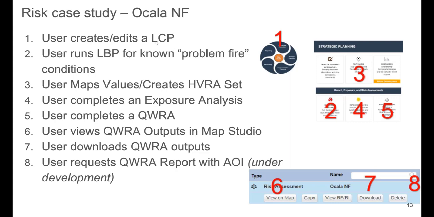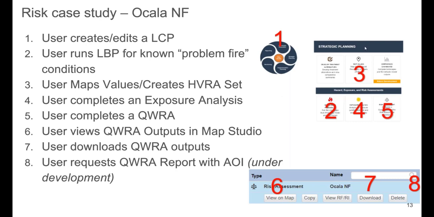First, create a landscape, and that includes editing it if editing is needed. Secondly, run landscape burn probability. With the model we're using, it'll be problem fire conditions, and I can describe that. Map the values to create an HVRA set, run an exposure analysis, complete a risk assessment, and then view the outputs, download the outputs, or request a report.